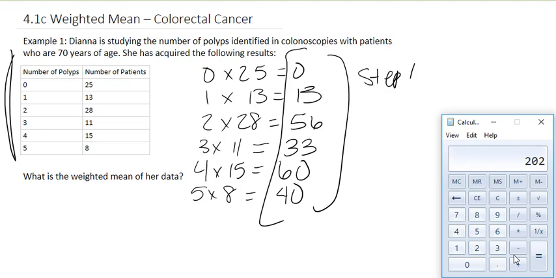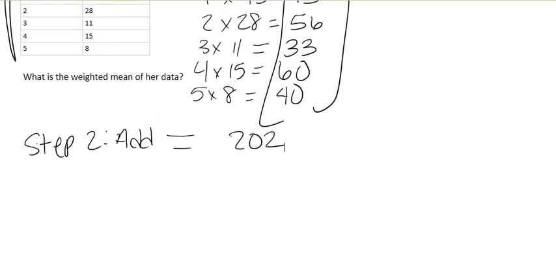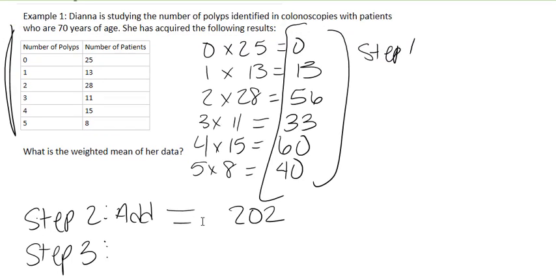So step 2, add, is equal to 202. In the third step, actually we need to go up a little bit. We're going to add the numbers of all the patients together.